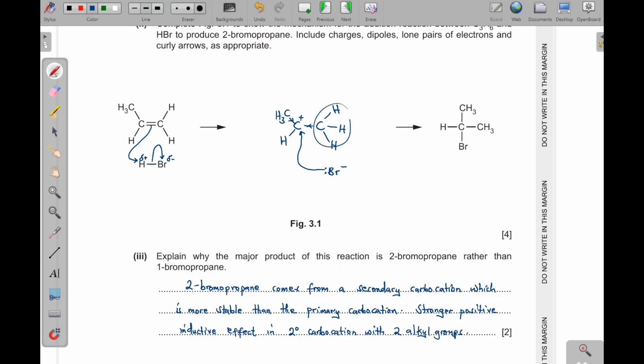One alkyl group is here, another one is here. So that is that stronger positive inductive effect.